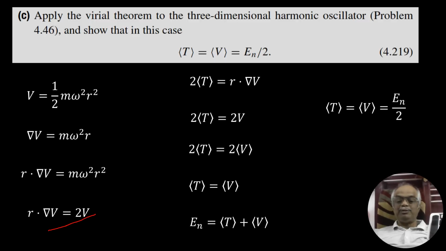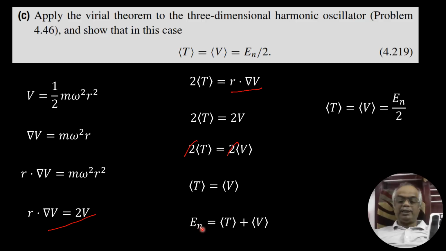Using this relation, because r dot ∇V is equal to 2V, that means 2 times kinetic energy is equal to 2 times potential energy. 2 will get cancelled. You will get the expectation value of kinetic energy is equal to the expectation value of potential energy in the case of the harmonic oscillator, as expected, because the harmonic oscillator is a symmetrical one.